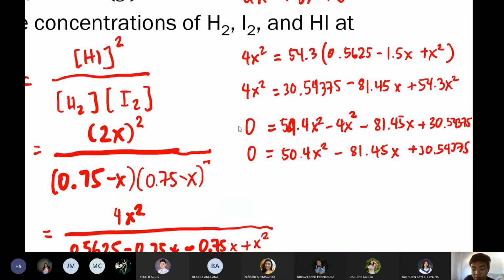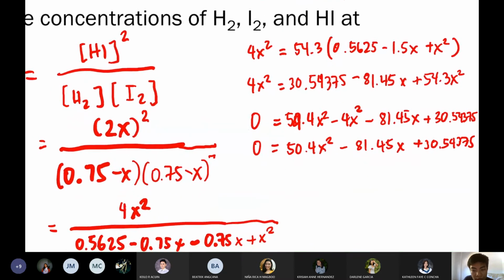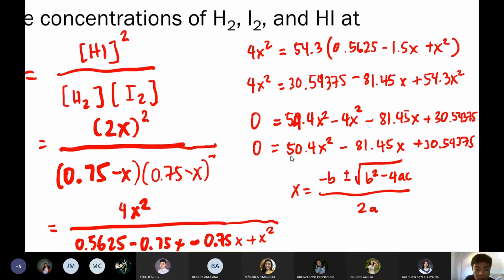Okay. So in order to solve for the value of x, you have to use the quadratic equation. Okay. So the quadratic equation is negative b plus or minus the square root of b squared minus 4ac, over 2a. Okay. So what is the value of a? The value of a will be the coefficient of x squared.